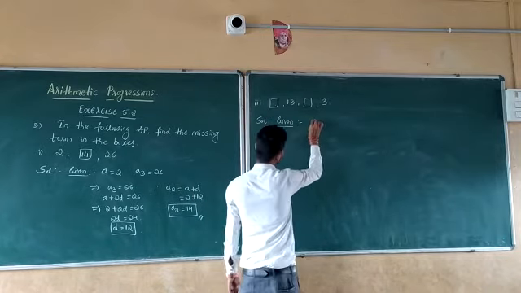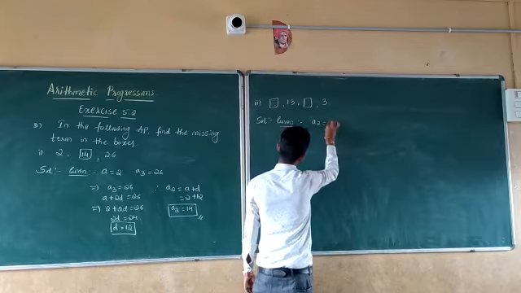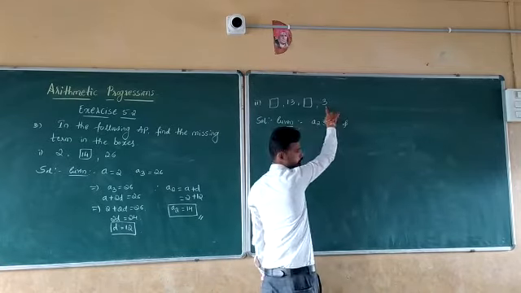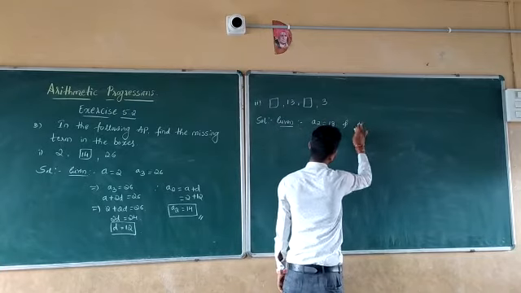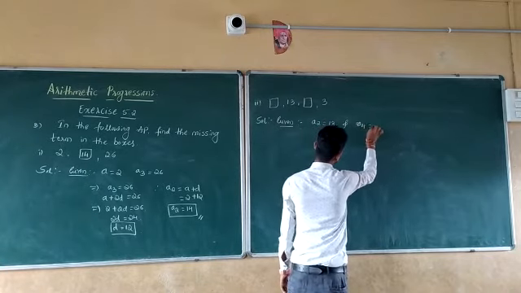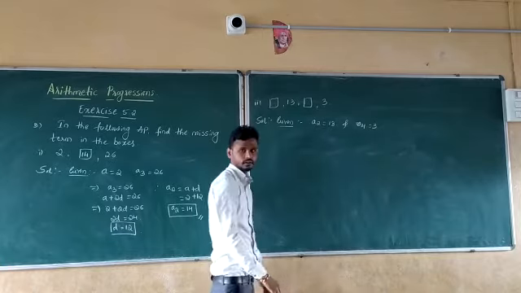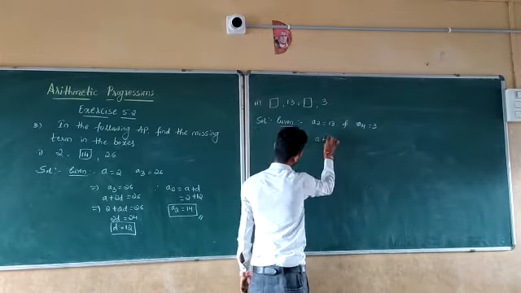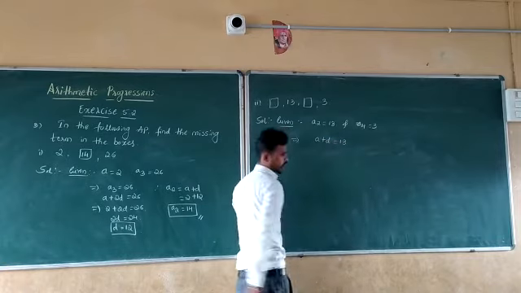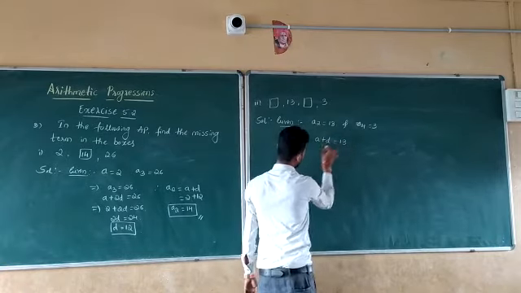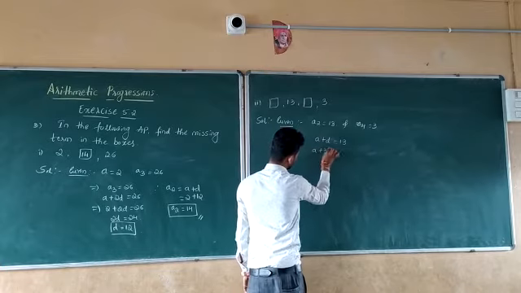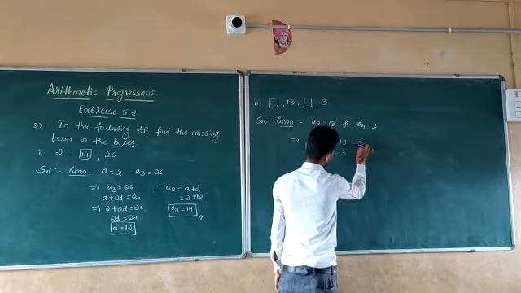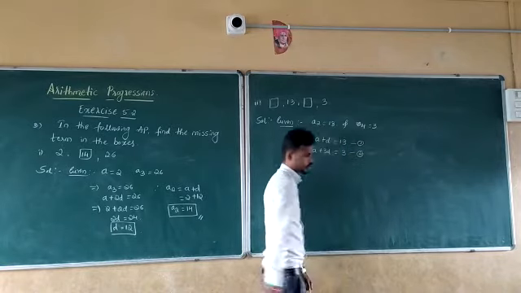This is the second term, that is a2 equals 13, and this is the fourth term, that is a4 equals 3. So a2 in general we can write as a plus d equals 13, and a4 as a plus 3d equals 3. Let us take this as equation 1 and this as equation 2.